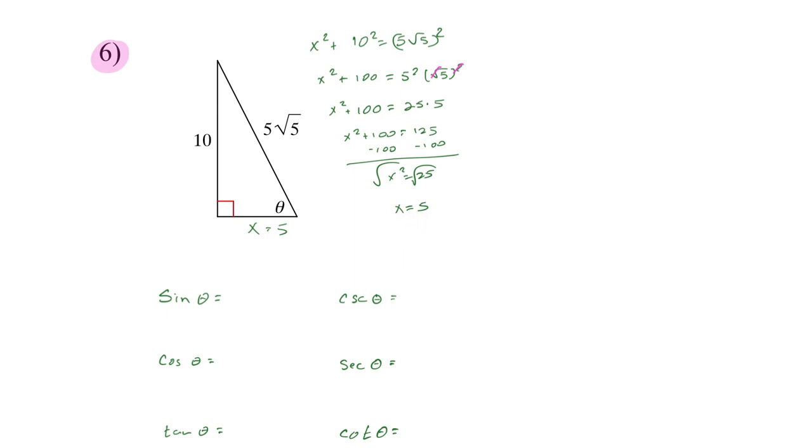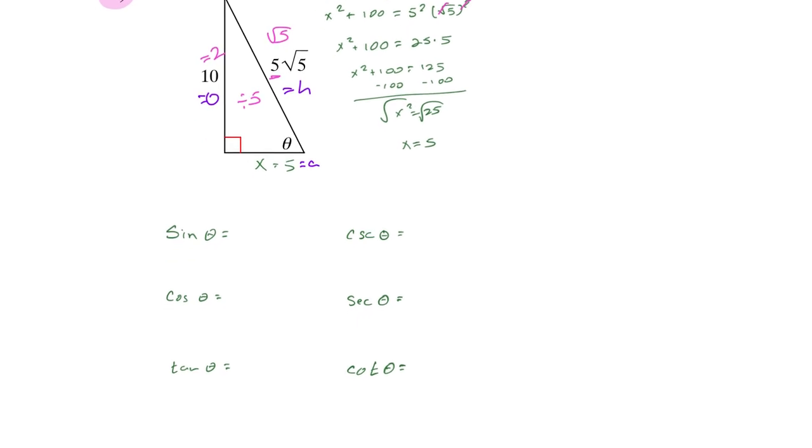Now, from my angle, adjacent, opposite, hypotenuse. And again, I can simplify by 5 here, because I got this 5 out here. Not the one inside, just the one outside. So by simplifying by 5, this becomes a 2, this becomes just square root of 5, and then this becomes 1.